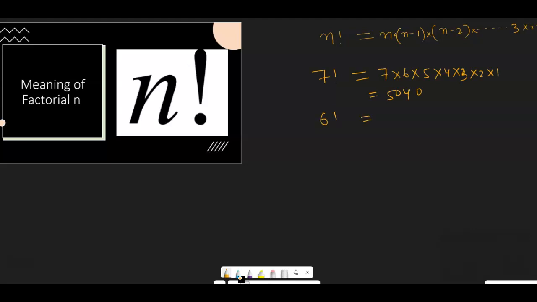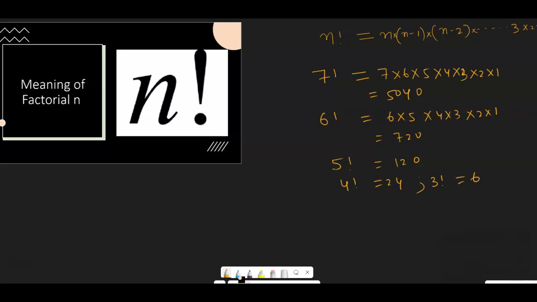Factorial 6 will be 6, 5, 4, 3, 2, 1. This will be 720. Factorial 5 similarly if you multiply will be 120. Factorial 4 is 24.